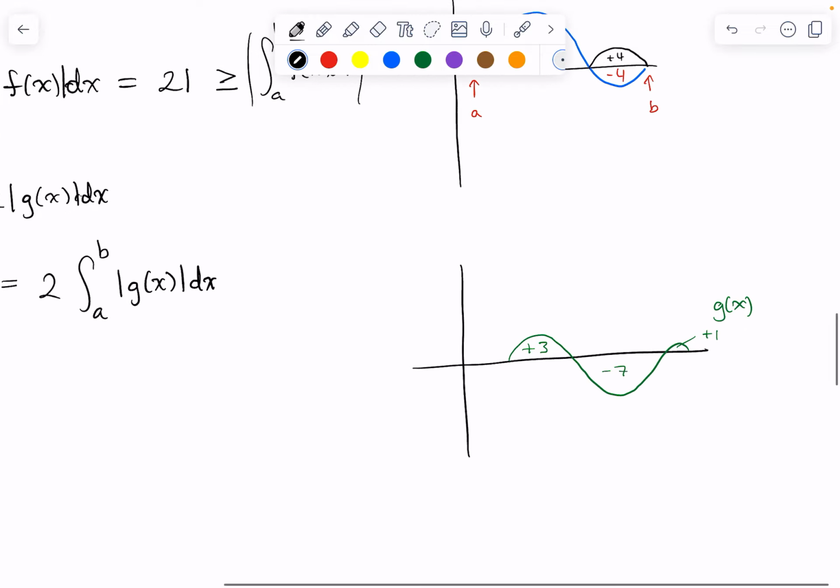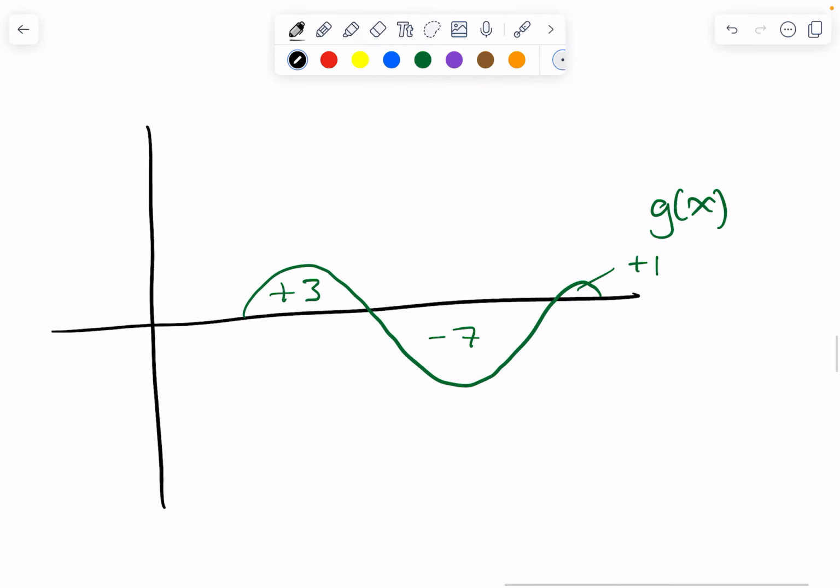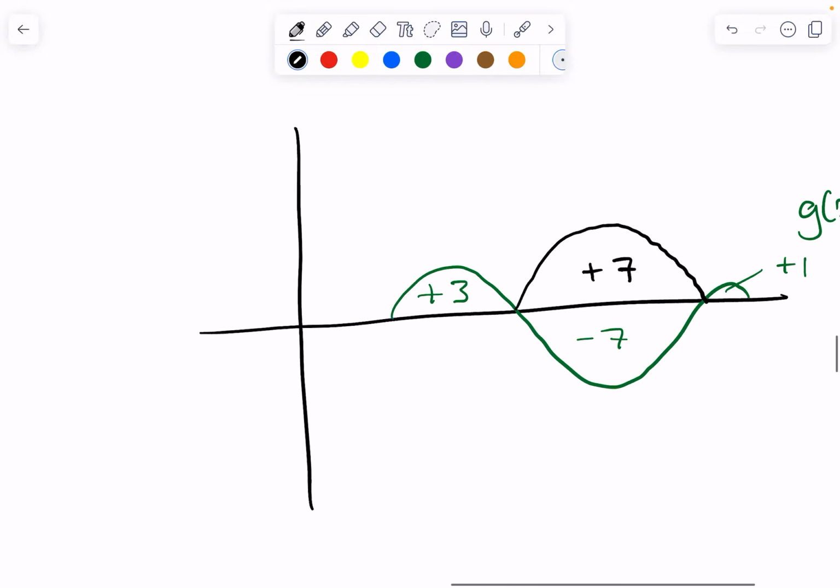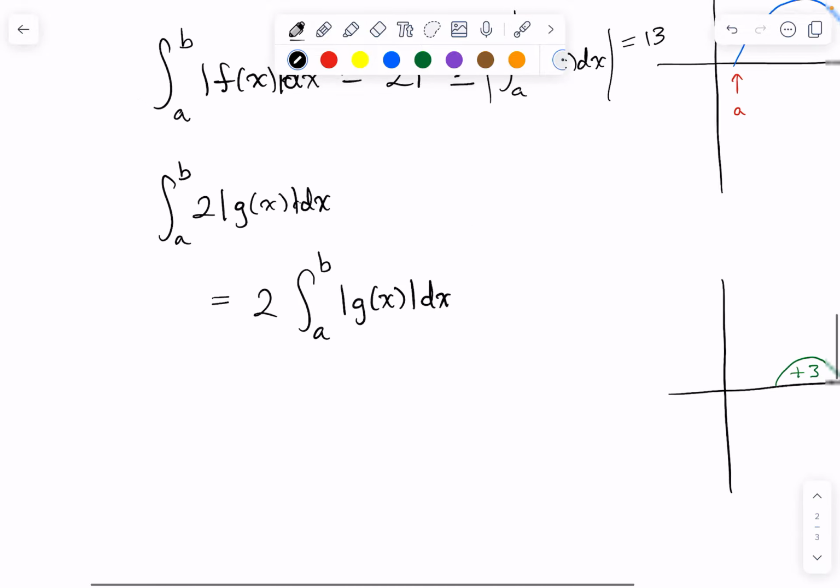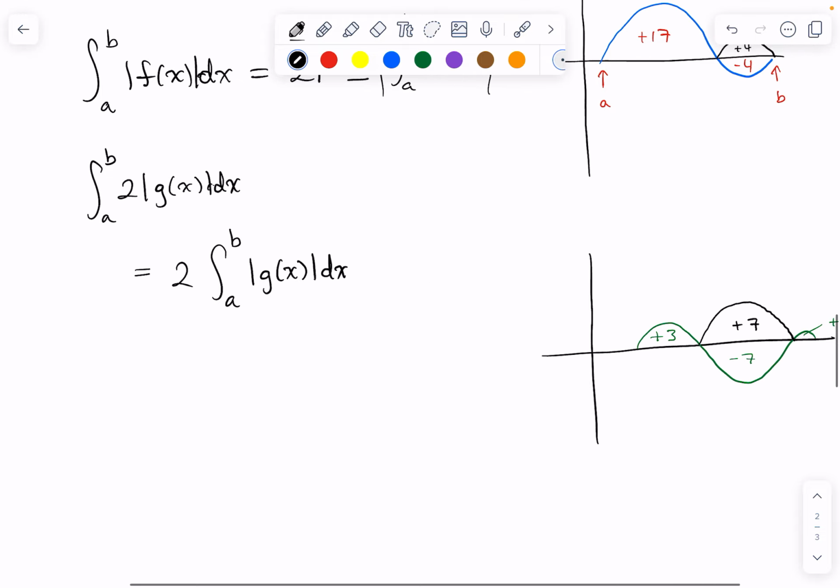The absolute value of g of x, all that would change is that this portion would flip like this. The others would stay the same, but now the signed area for the middle portion is positive 7. So we end up getting an answer of 11 for the integral. But notice, right, that 2 is still there. So we have 2 times 11, which is 22.